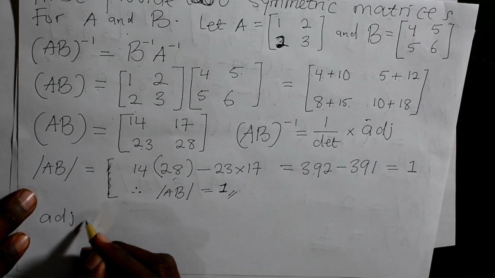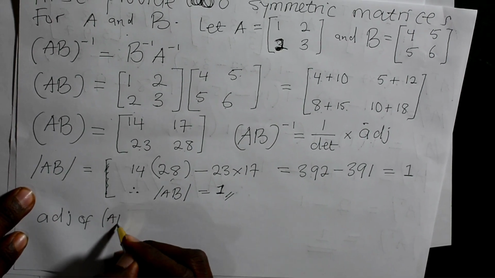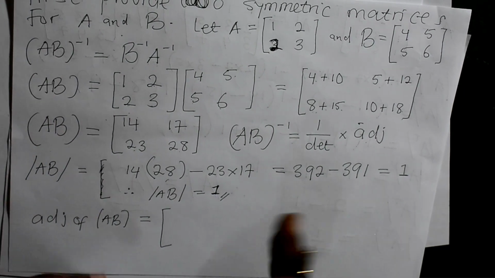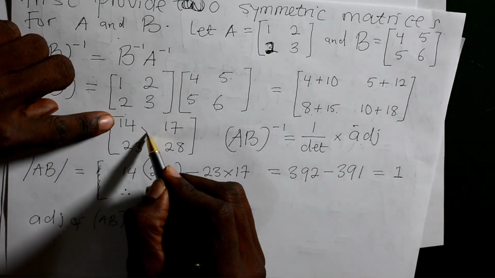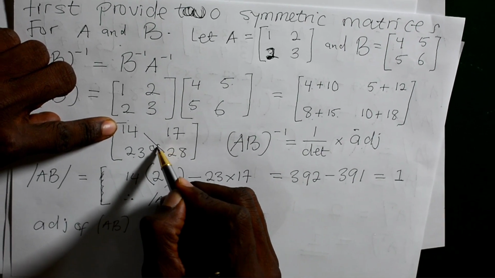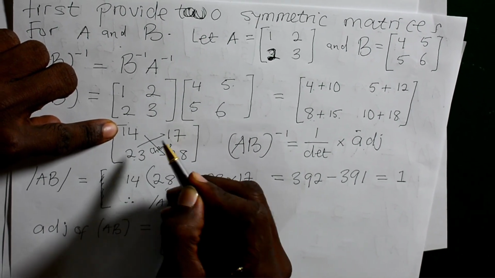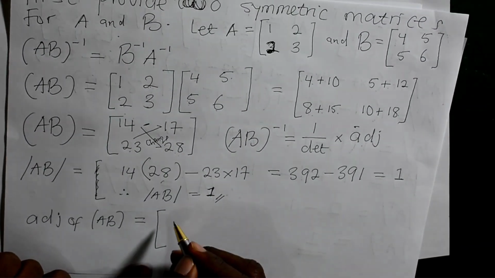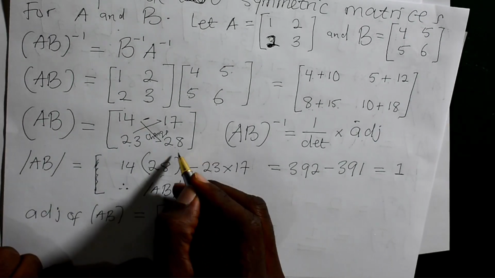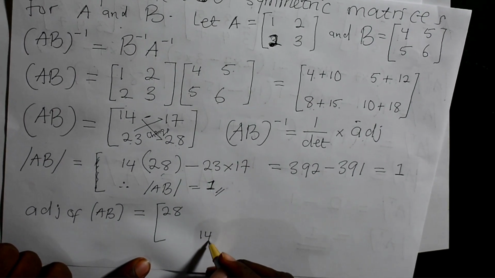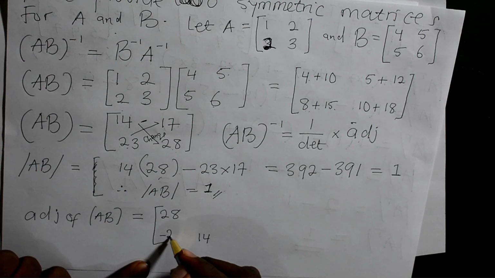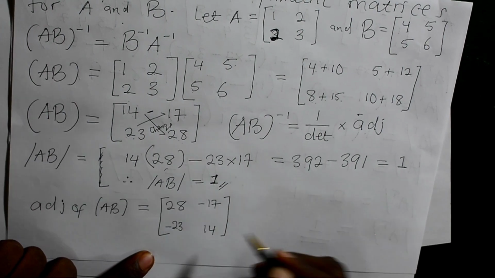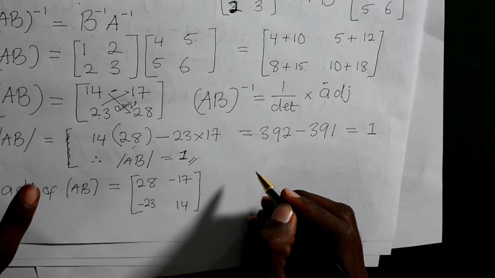This will be equal to, we just swap and negate as we did before. Change the position of these two numbers and negate these two numbers. That means 28 will be in the position of 14 and 14 will be in the position of 28. Then minus 23 and minus 17. So this is the adjoint of AB.